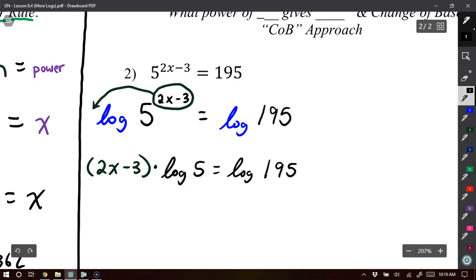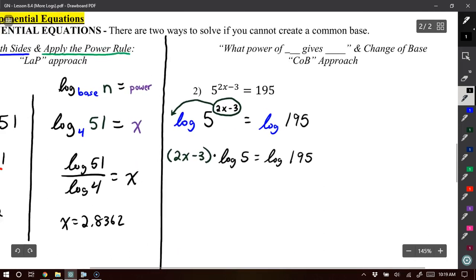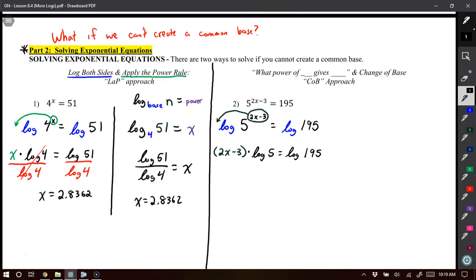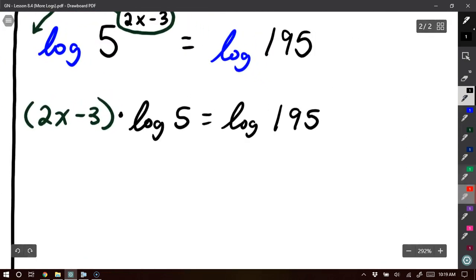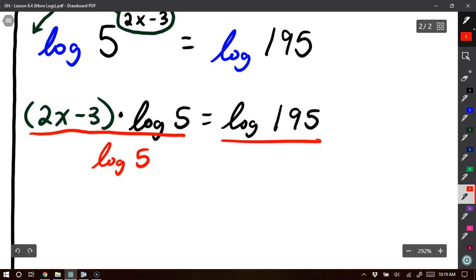Now, technically, when you have a number outside of parentheses, you want to distribute it, but in this case, I'm not going to. I'm going to follow the same steps I did on the left side. That's why the parentheses is nice, is I'm going to get rid of the multiplication by dividing the left side by the log of 5. And if I do that on the left side, I'm going to have to do that on the right side.